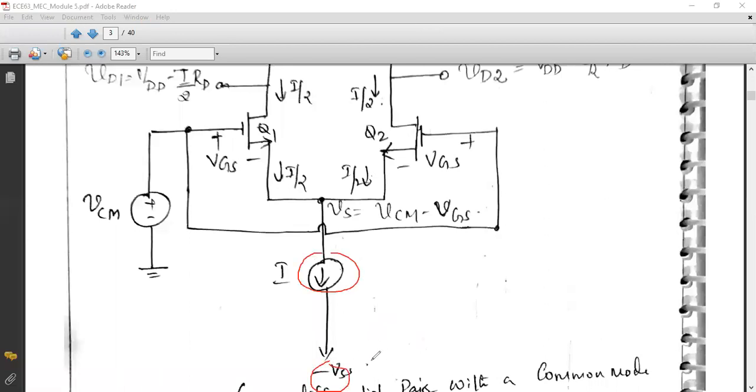Negative VSS means the positive end of the battery will be connected to ground, isn't it? Representing minus VSS like this means negative polarity will be connected to the current source and the positive polarity of the battery will be grounded. So Vs is nothing but the sum of the current source, that is VCS, and negative VSS. Clear? Any doubts regarding that?